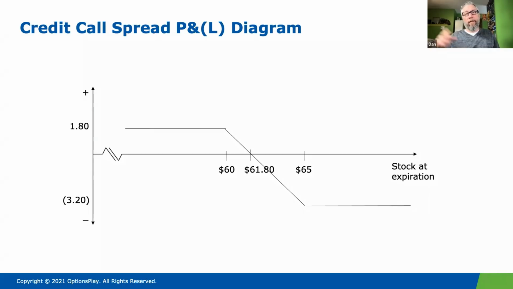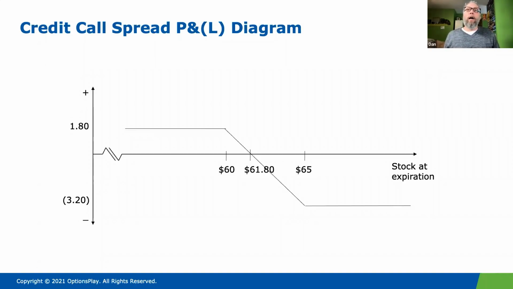And if it's above $65 a share, I would exercise that 65 strike call and therefore buy back the stock that I sold at 60 at 65, locking in a loss of $5. But mind you, I collected $1.80 a share, so the net loss is just $3.20. That's the most I can possibly lose on this trade.